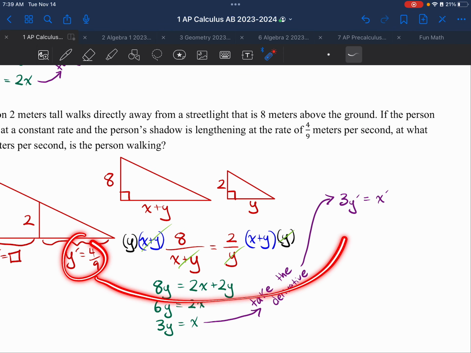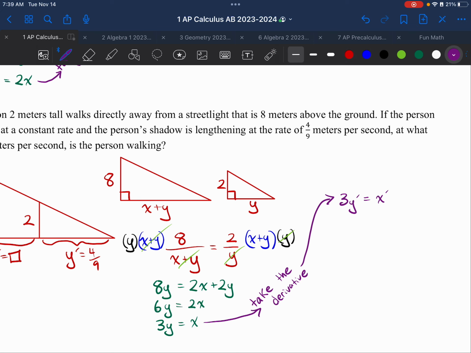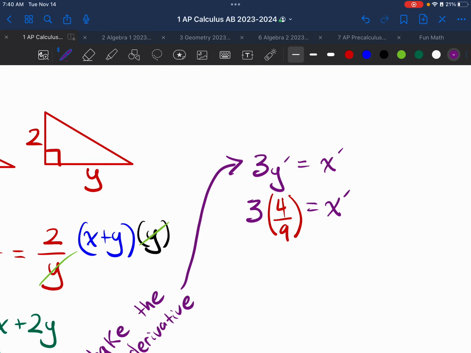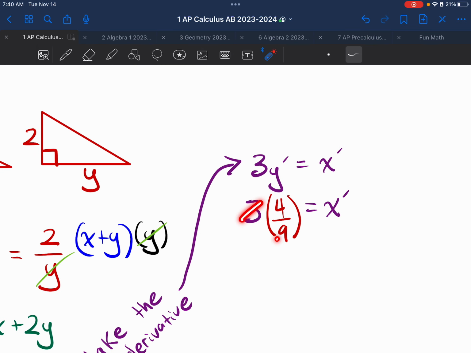Y prime is 4/9, so this is 3 times 4/9, and that's still going to be equal to x prime, and then I just solve. The 3 and the 9 are going to cross cancel, so the bottom is 3, and this is just going to be 4/3 for our x prime.